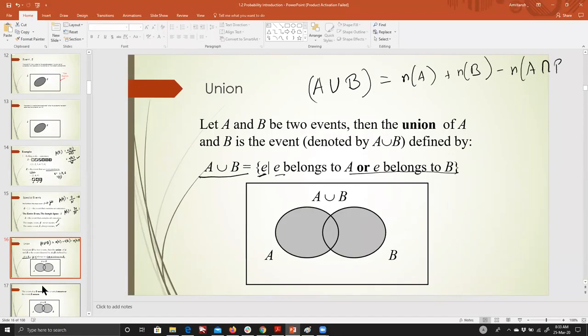Because the intersection part will be counted twice when we add n of A and n of B. So this area gets counted or added twice. This is just A intersection B. So you remove it, and whatever is left is A union B, so that we don't have any repetition.